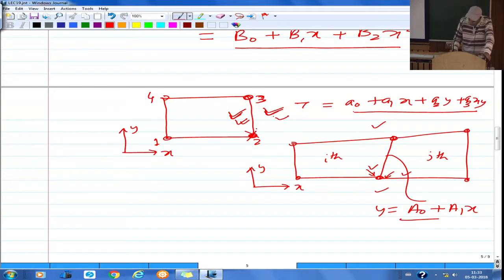When you substitute y equal to a0 plus a1x in this expression, the first term would remain a0, and then a1x gives a constant term and a term linear in x. But if you look at the xy term, that will actually give you a quadratic in x. So overall, when you put in y equal to a0 plus a1x, the resulting expression would be quadratic in x.